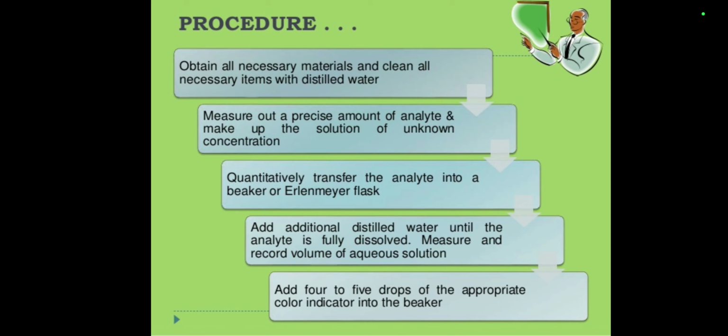Quantitatively transfer the analyte into a beaker or Erlenmeyer flask. If the laboratory has no beaker, we can use an Erlenmeyer flask. Add additional distilled water until the analyte is fully dissolved. Measure and record the volume of the aqueous solution. And lastly, add 4 to 5 drops of an appropriate color indicator into the beaker to proceed to a successful titration. Okay, so this is the procedure on how to start the experimentation, which is titration.